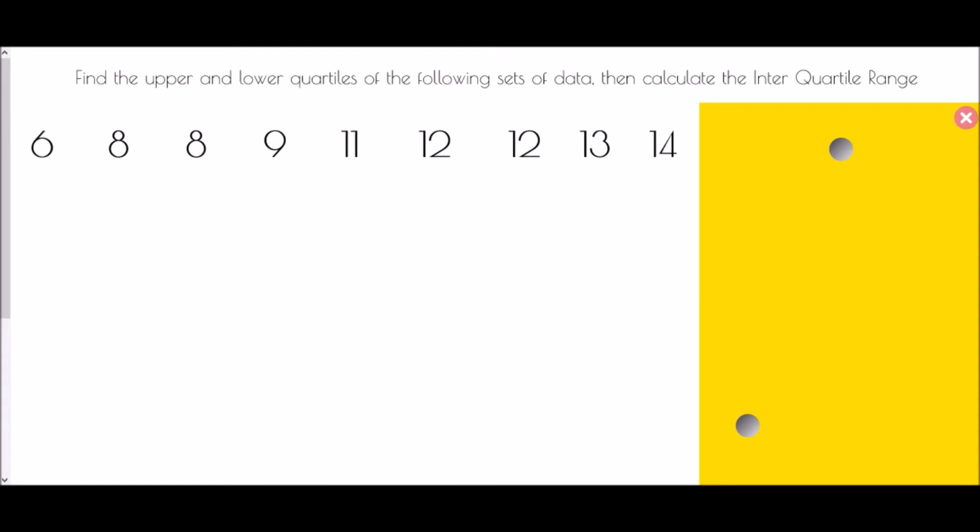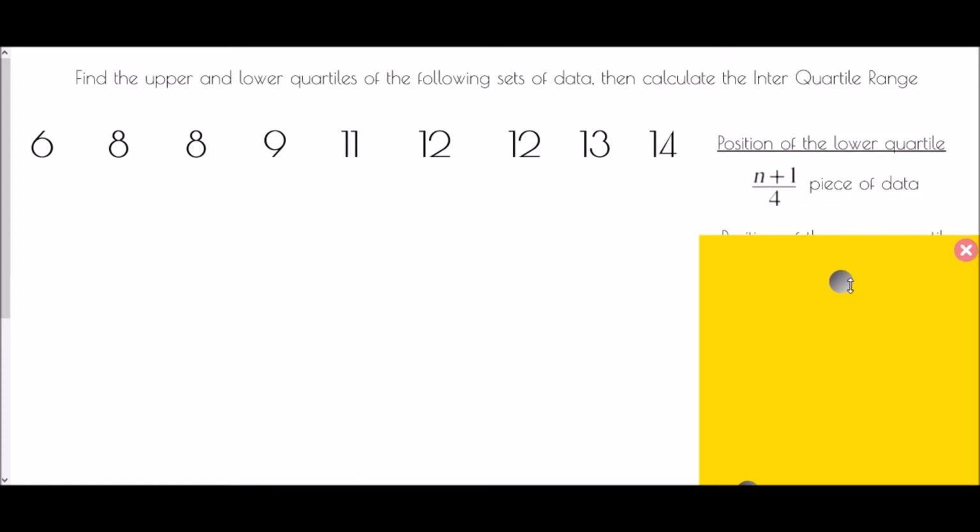If we keep doing the same thing, using different sets of data, let's see what the methods produce. So again, the position of the lower quartile is (n+1)/4. Well, if I add up how many pieces of data I've got, 1, 2, 3, 4, 5, 6, 7, 8, 9. Now this time that will mean (9+1)/4, which is 2.5.